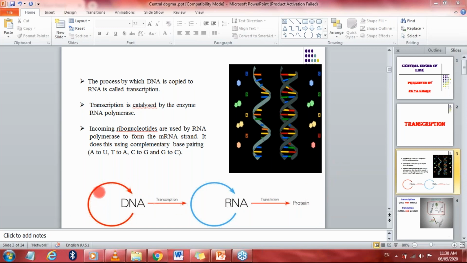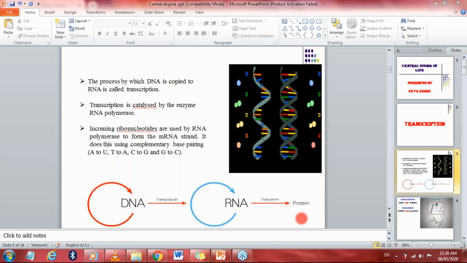Already we have discussed replication or duplication. Today we will discuss the revision of transcription and translation. In yesterday's class, some of you were confused, thinking you only have to learn two enzyme names in DNA replication.